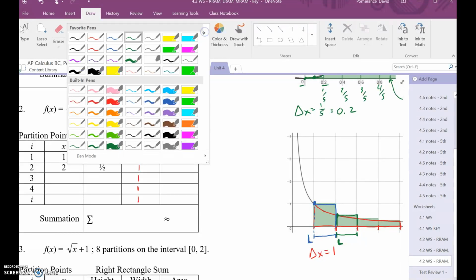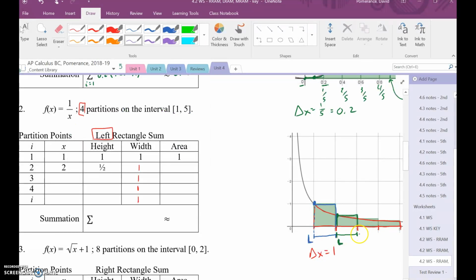And again, this is going to continue on for each one of these intervals. The interval from 3 to 4, we're going to pick the left end point of the interval, which is at x equals 3. That is going to give us the height of this rectangle. And then we've got one more rectangle here from 4 to 5. The left end point of that rectangle is going to determine the height there.